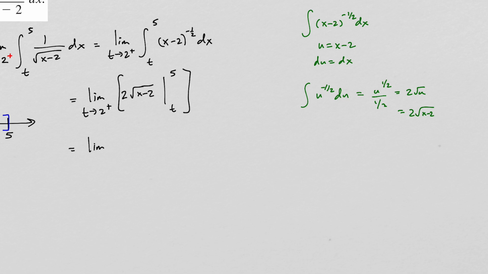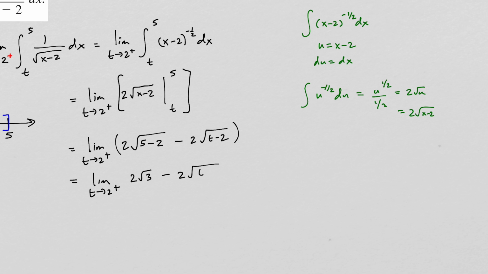This becomes the limit as t approaches 2 from the right, 2 times the square root of 5 minus 2, minus 2 times the square root of t minus 2. So now we have the limit as t approaches 2 from the right. We've got 2 times the square root of 3 minus 2 times the square root of t minus 2.